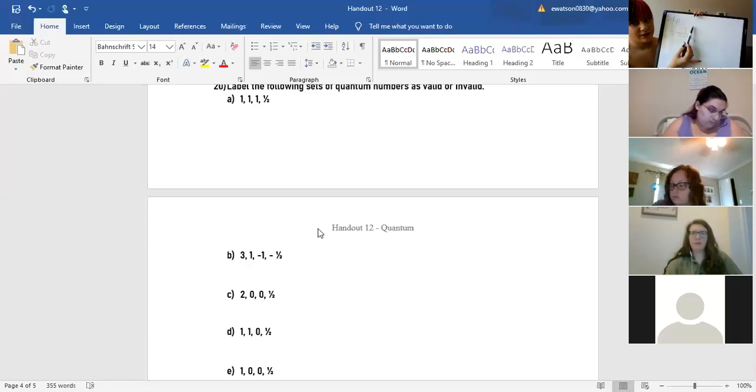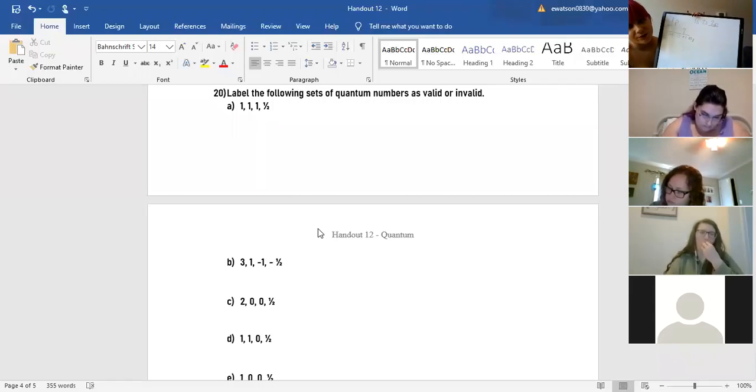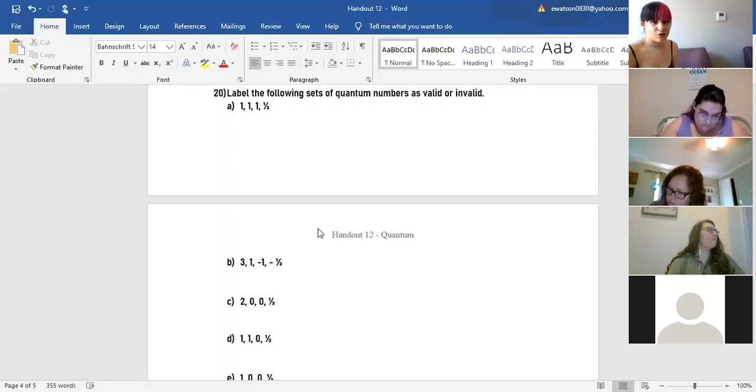Does this look right? Does 1p exist? 1p does not exist. So we go straight from 1s to 2s, and then we hit 2p. 2p is our very first p orbital. So A is going to be invalid.